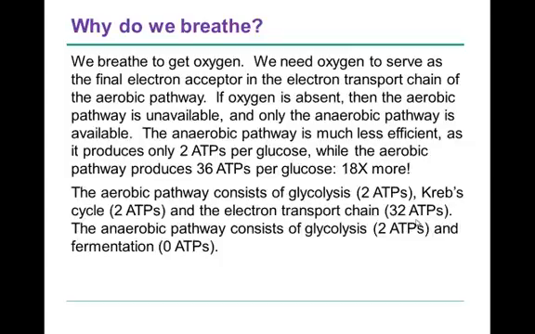The aerobic pathway consists of glycolysis, Krebs cycle, electron transport chain. The anaerobic pathway consists of glycolysis and fermentation. And you need to be certain to specify the reason we need oxygen is to serve as a final electron acceptor.